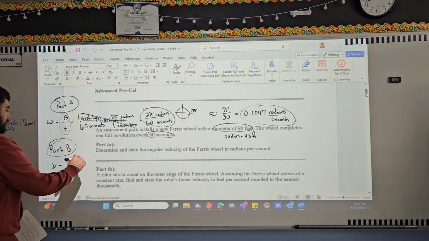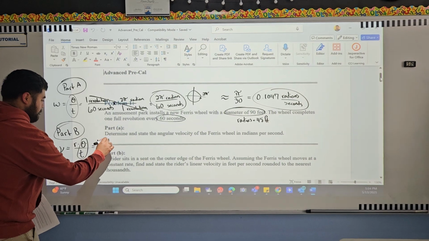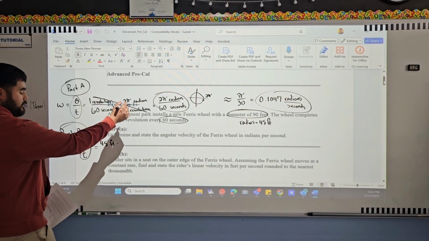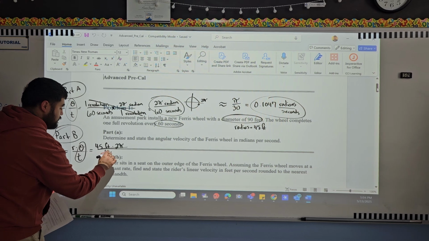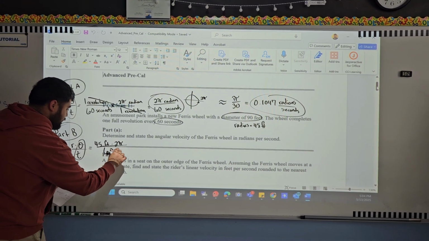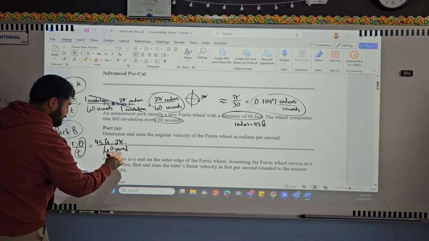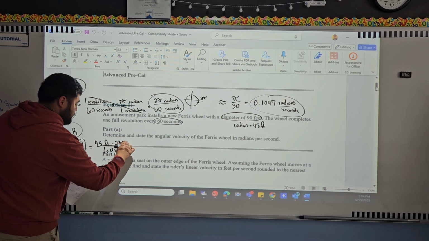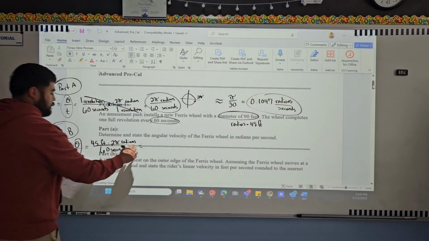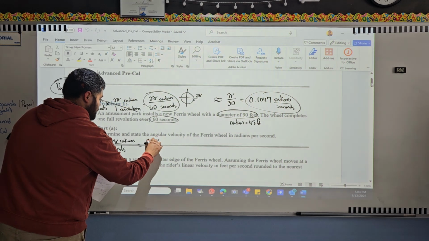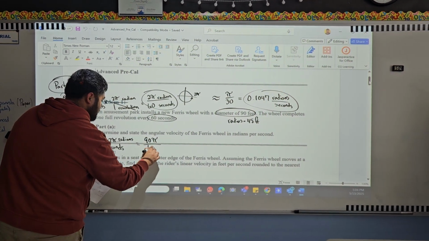So plug in. So I have 45 feet times 2 pi radians over 60 seconds. Right, I misspelled the seconds. Right, radians. 45 times 2, 90 times the pi over the 60.